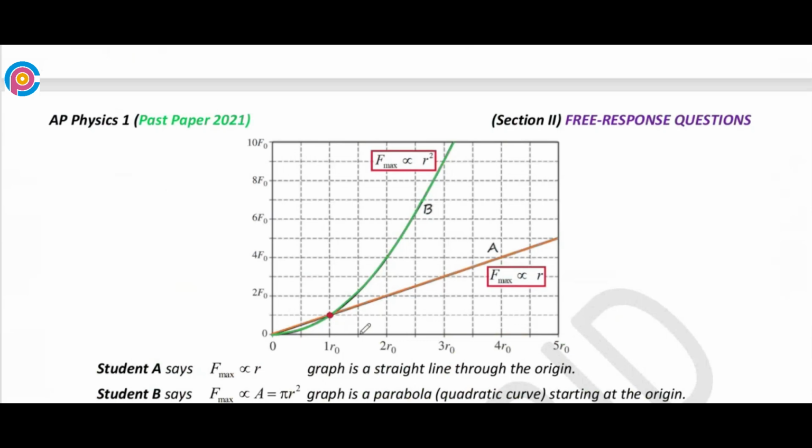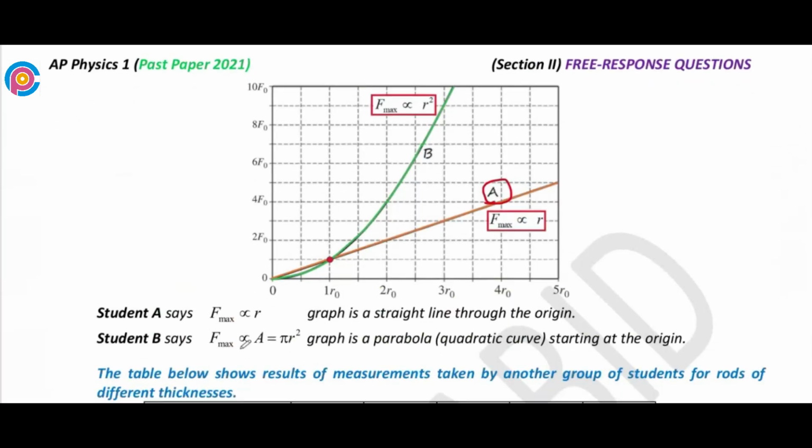When Student A says F maximum is directly proportional to the radius, then if R is increasing, force is increasing linearly. So this is model A. For the second student, it depends upon the area.